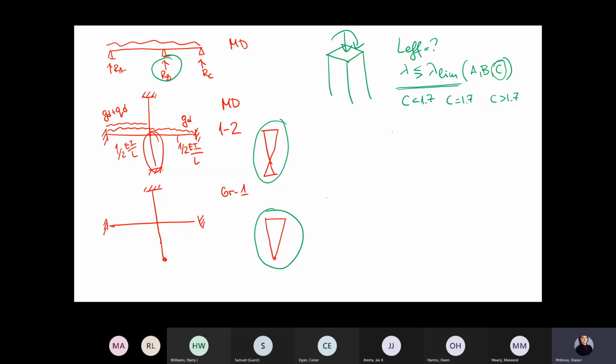And once you have your factor C, you then feed it into lambda limiting, and then you design your column as a stocky column. Now, I would recommend to choose sections of your columns which will allow you to design them as stocky, to mean that there will be stocky columns.